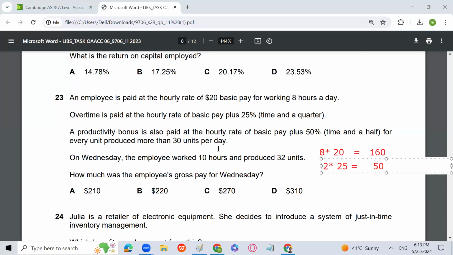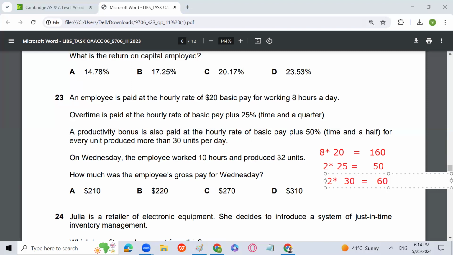So that is 20 plus time and a half, which will be 10. 10 plus 20, 30 you will be paid extra for each unit produced more than 30 units. 2 units are produced more than 30 units. So 2 multiplied by 30 is the rate, that is going to be 60. 160 plus 50 will be 210, and 210 plus 60 will be 270. So C is the answer. 270 will be the answer for this question.